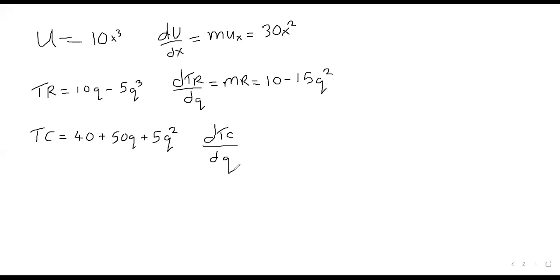Marginal cost. So let's differentiate them individually. The 40 is a constant, so it will do what? Drop out. 50Q, when differentiated, is 50. 5Q squared, when differentiated, will be 10Q. That is how we differentiate this function.